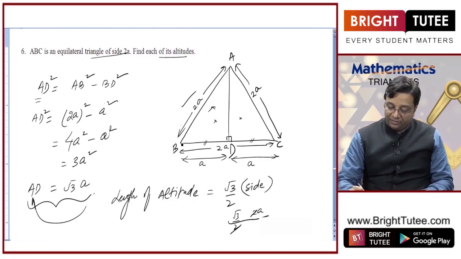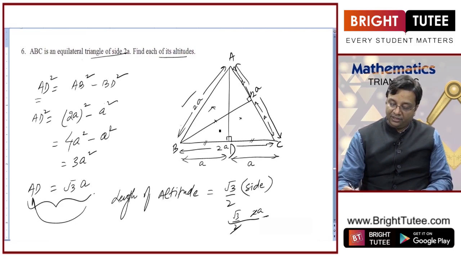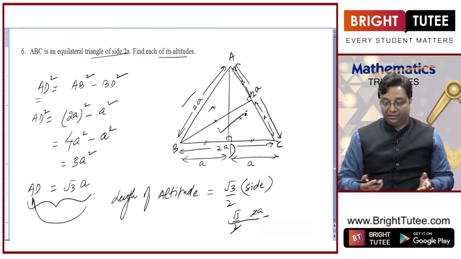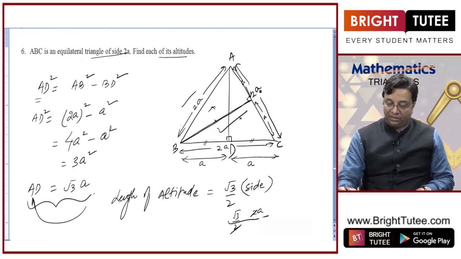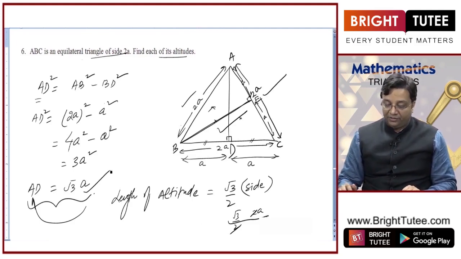Okay. Similarly, if you drop a perpendicular here, these segments will be A units each. And now, if you apply Pythagoras theorem in any of these two triangles, you will get the altitude, let us say BE, and it will be of the same length root 3A. Okay, you can verify it yourself.